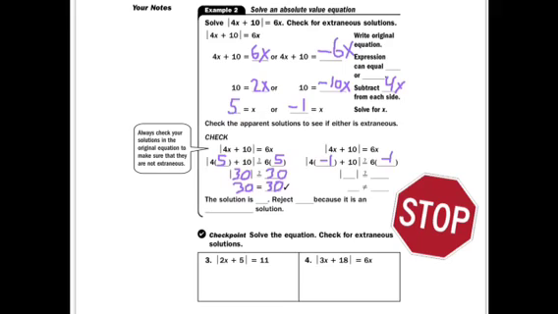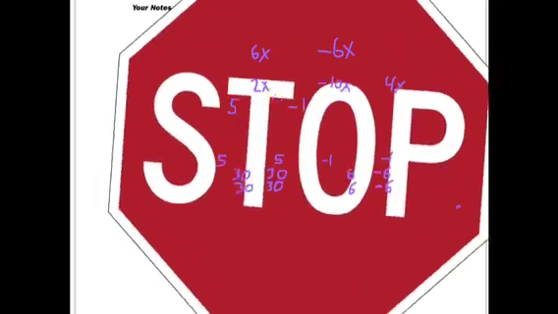Take a look at this other one. 4 times -1 is -4. -4 plus 10 is 6. So I get the absolute value of 6 equals -6. Is that true? Does that make sense? The absolute value of 6 is 6. Does that equal -6? No. That's where you've got to stop.